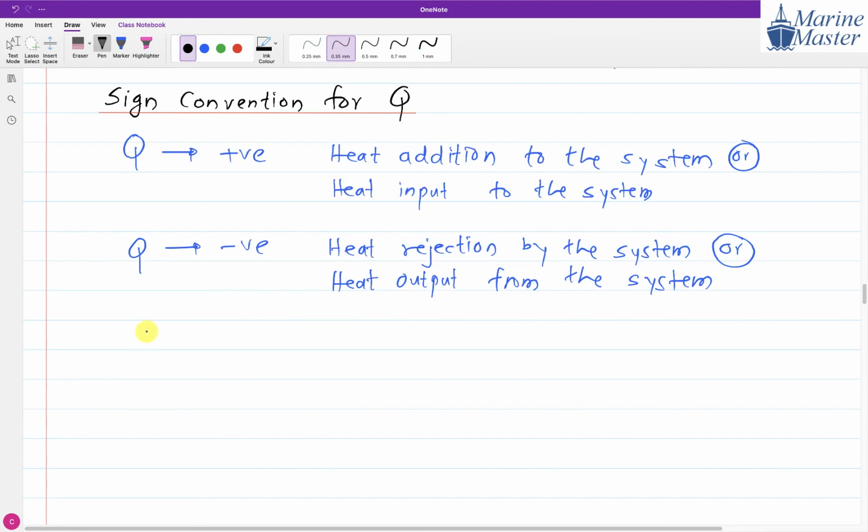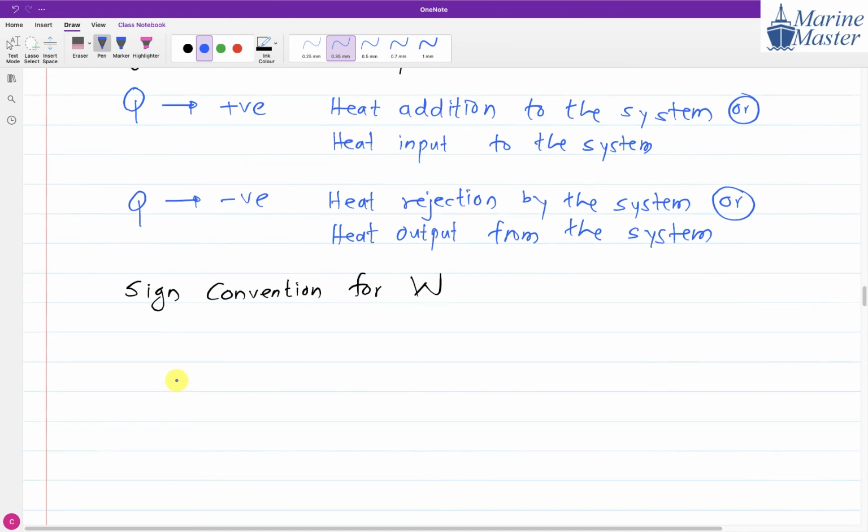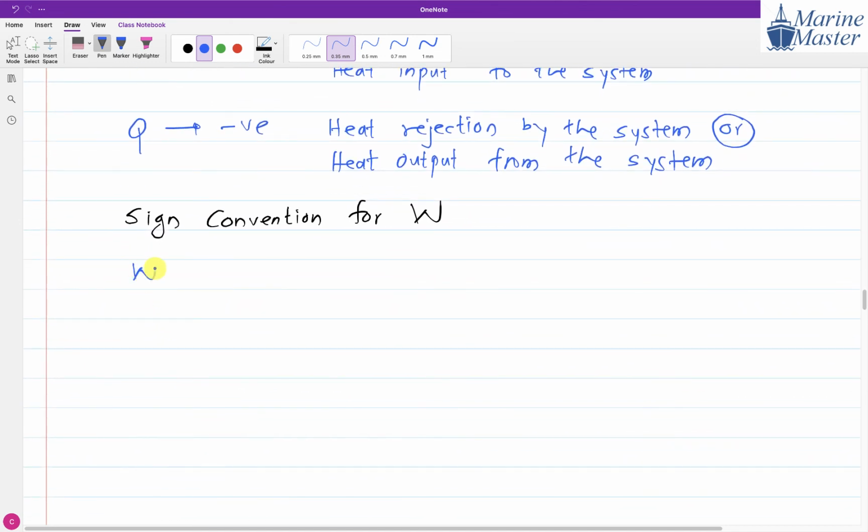Next, give the next heading: sign convention for W. Here we are going to deal with two things. If you get a value of W positive, it means work output from the system, or work done by the system.